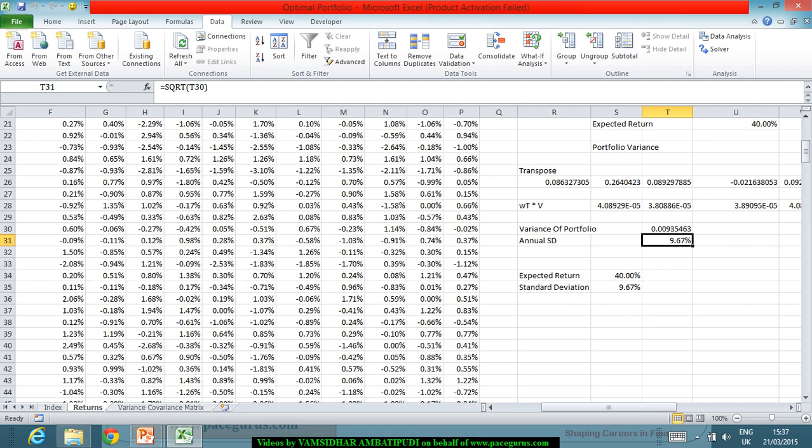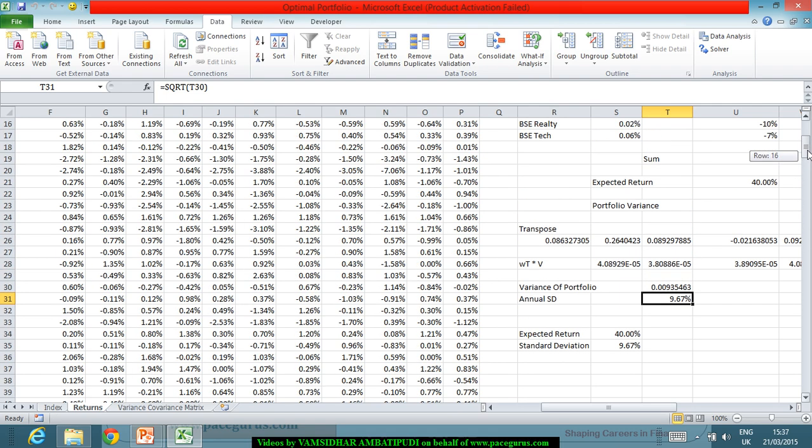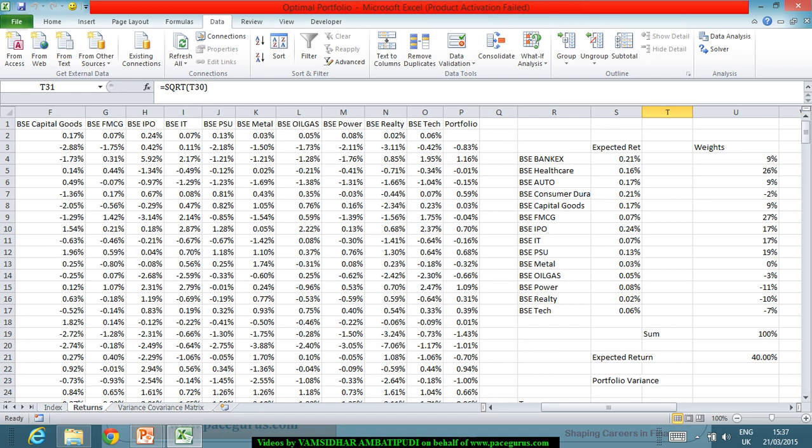Your portfolio standard deviation will go to 9.67%. But the way you have to work out is you have to invest very heavily in the IPO, in the FMCG, in the healthcare, in these sectors you invest. You short from power, reality kind of sectors, and this is what can generate an expected return of 40% for you.